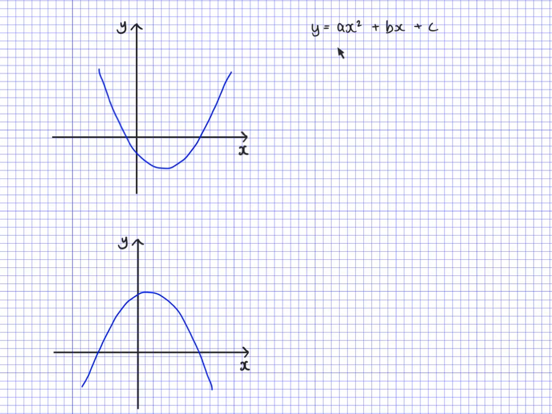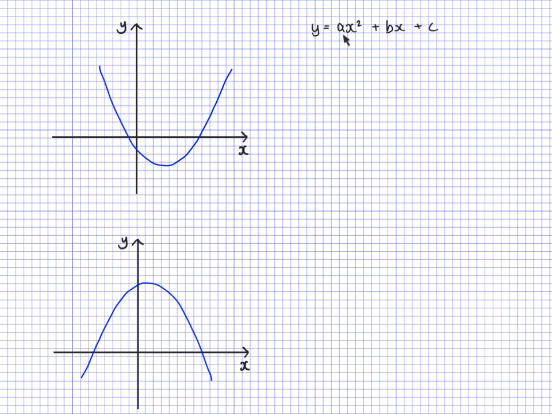Now quadratic functions, when plotted on some axes, form the shape of a parabola. So it could be either of these types of shapes, and it could be anywhere on the axis. So it could be here, could be up here, down here. Either one, you could sort of move them around depending on the values of A, B, and C. Now, if the A value is positive, then you will get a parabola in the form of a U-type shape like this one here.